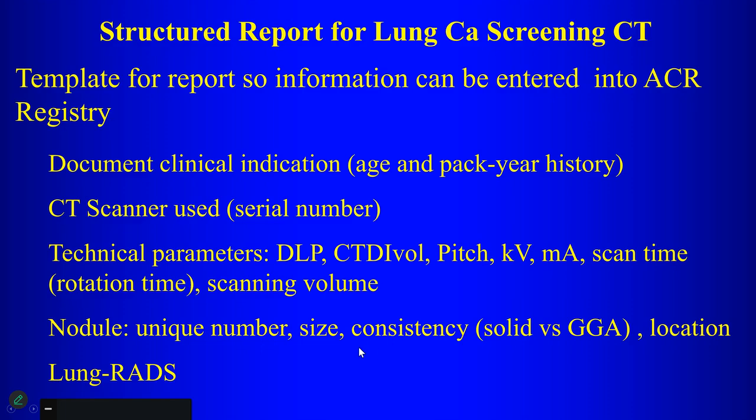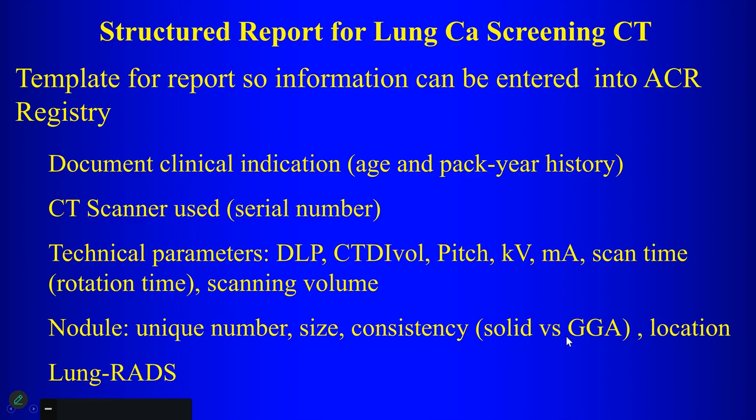You also document, of course, the size to the nearest what? When we measure a nodule, we're supposed to technically give the measurement to what? Centimeter? Millimeter? Tenth of a millimeter. I don't always do that, but the guidelines are you're supposed to indicate the nodule to the nearest tenth of a millimeter in terms of the size of the nodule.